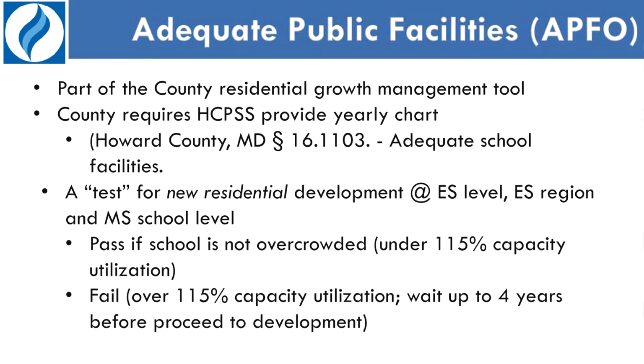This is different than the board policy. I want to state that up front. If I happen to be in an area that is over 115% capacity utilization, I have to wait. But I wait up to 4 years before I can proceed to development. So 4 years consecutive testing at the school level, then I can proceed if I continue to fail.